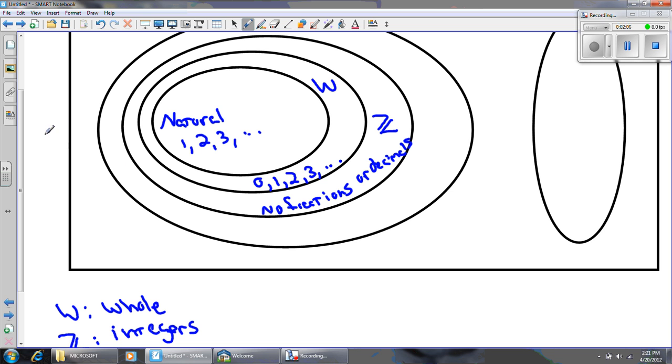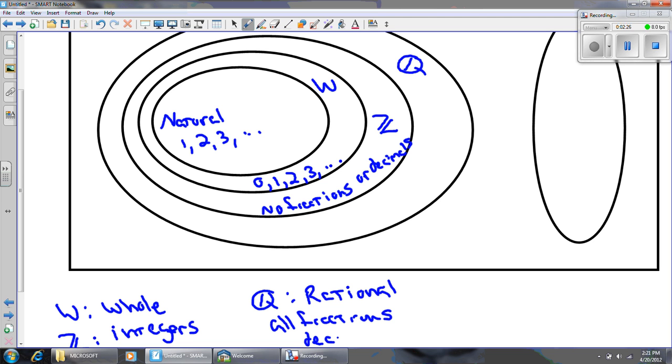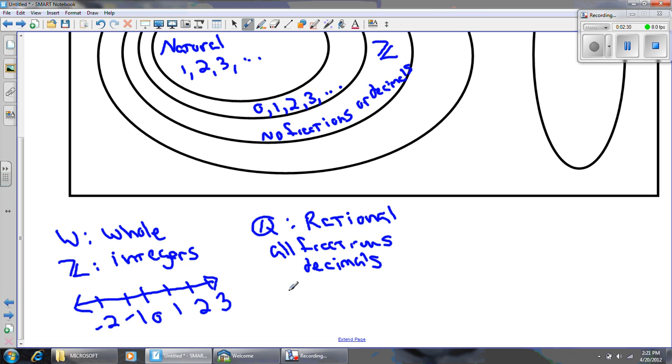Right? Okay, then we get to the rationals, which is Q. Q stands for rational. Okay, and this includes all fractions, decimals that end or repeat.